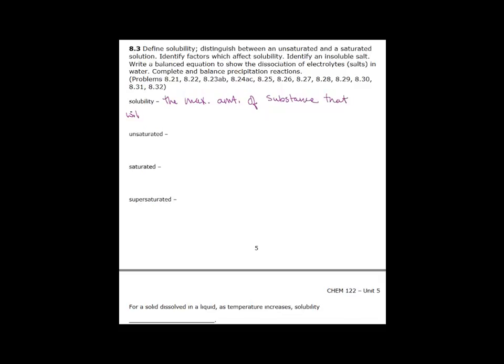So for instance, sodium chloride could have a solubility of 344 grams of sodium chloride per 100 grams of water. That would be the solubility.